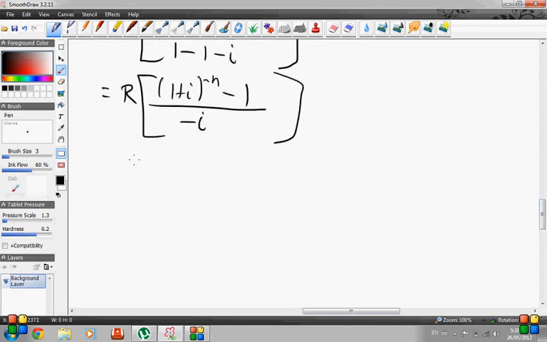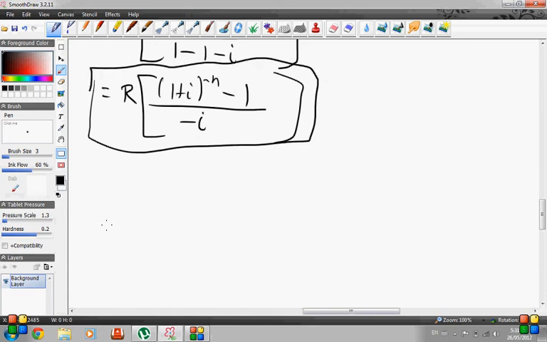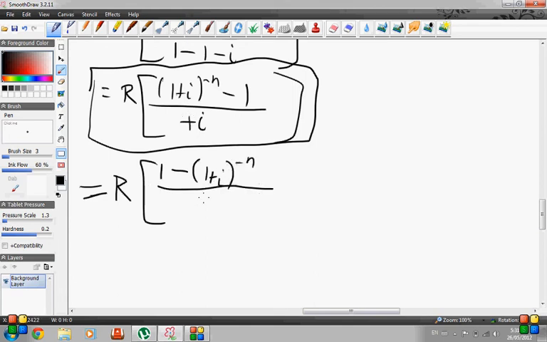No one likes a negative number in the denominator. So let's change that. We can rewrite this equation to r brackets 1 minus (1 plus i) to the negative n, and this leaves us free to change that negative to a positive. So this becomes positive i.